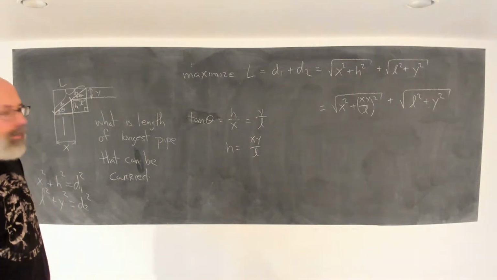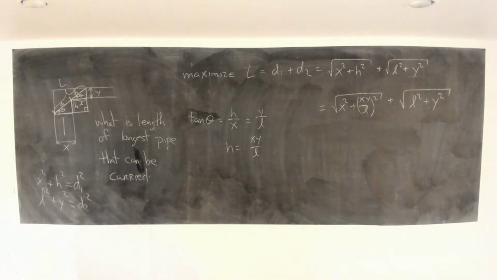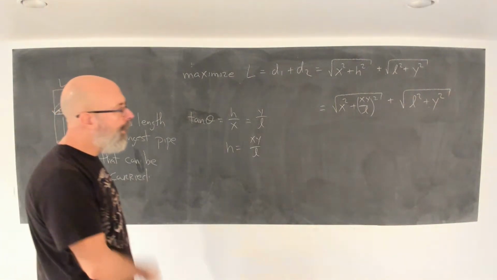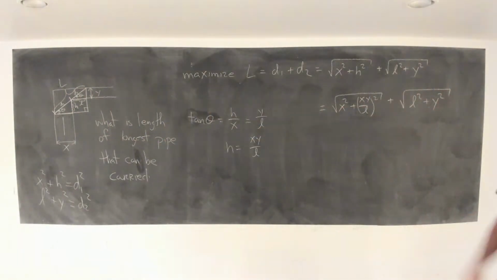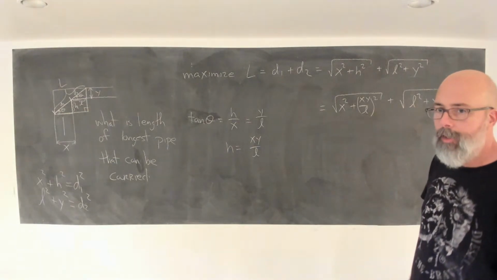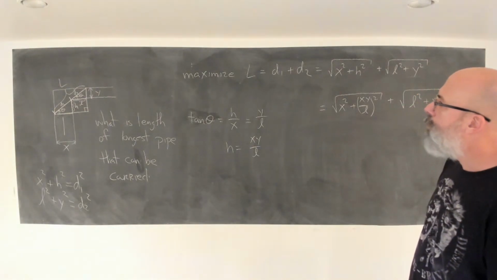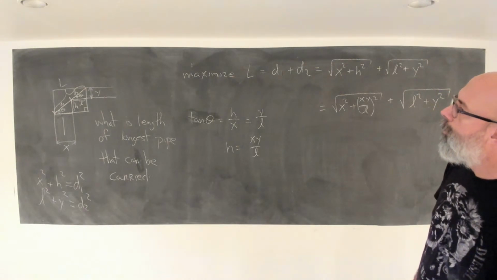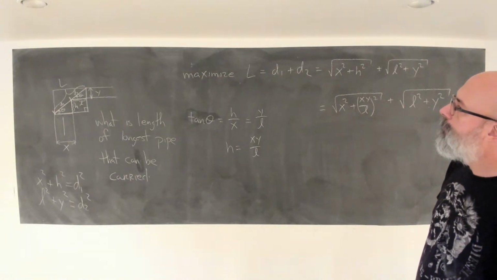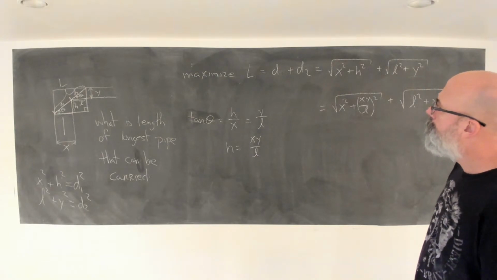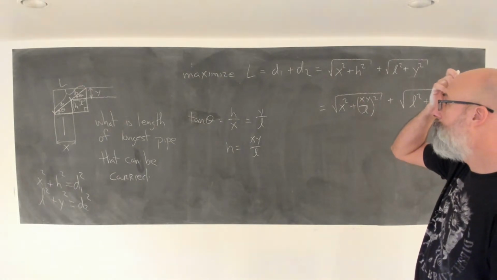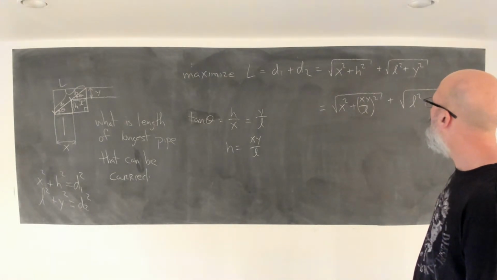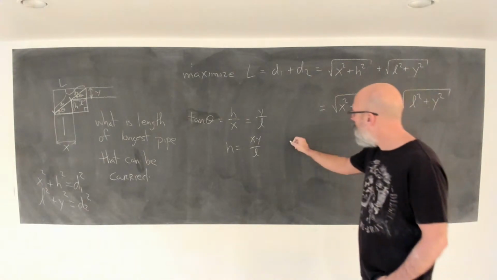So you see, what we have managed to do is rewrite everything in terms of one variable, L. And we want to maximize this. Fine, so differentiate.